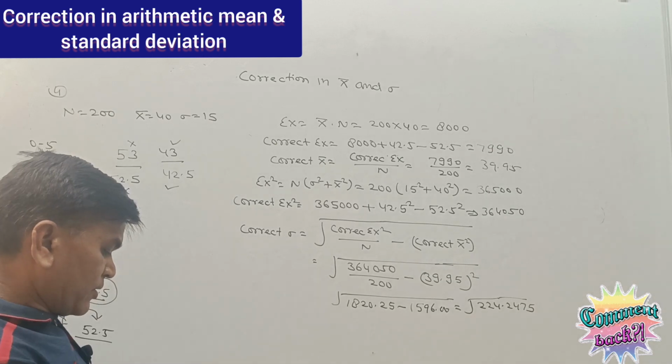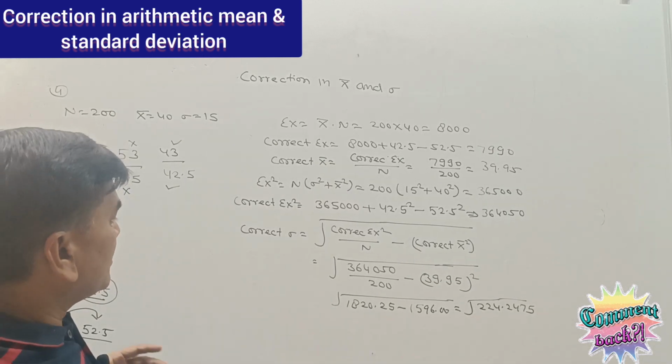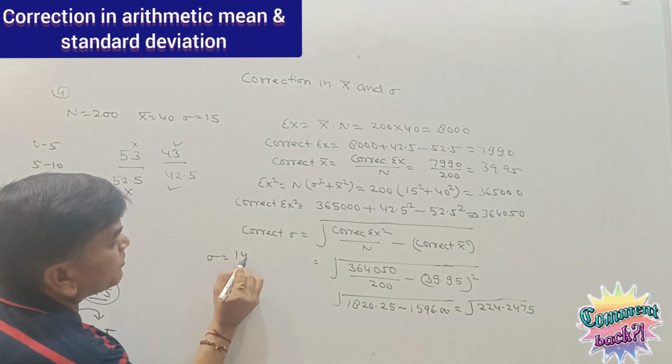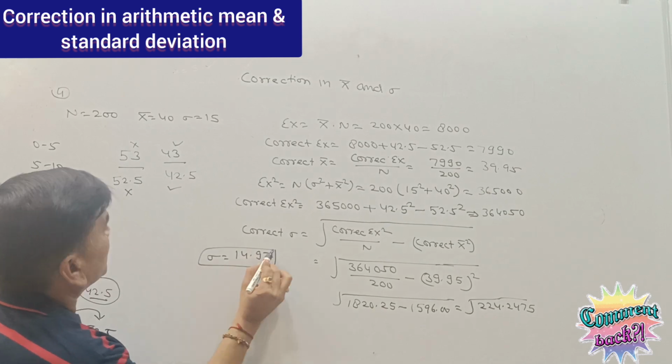Getting the square root, we get 14.97. So the correct standard deviation is 14.97, not 15.